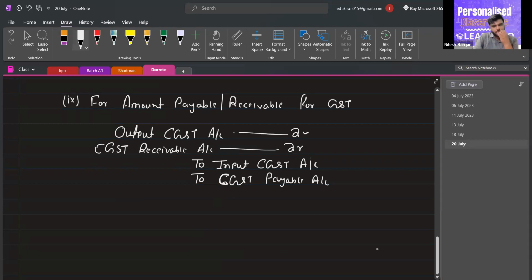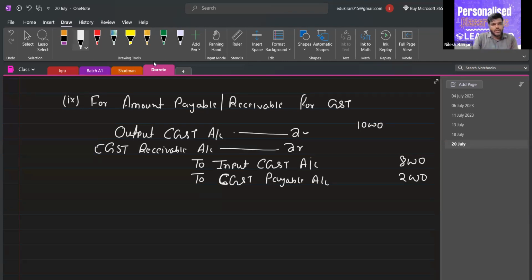Is this clear? Sir, can you repeat again? Yes. If output, meaning the amount we have to pay to the government, is more than input CGST, then we have to pay the difference to the government. Let's say the total amount payable to government is 10,000 and input is 8,000, then 2,000 will be on the credit side, GST payable.